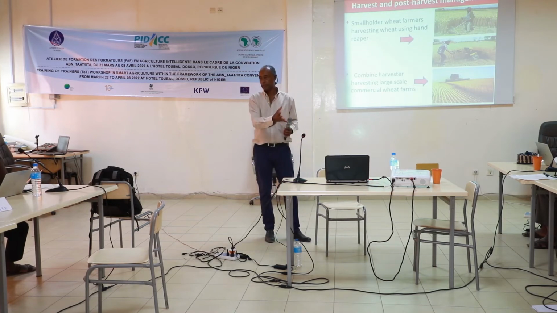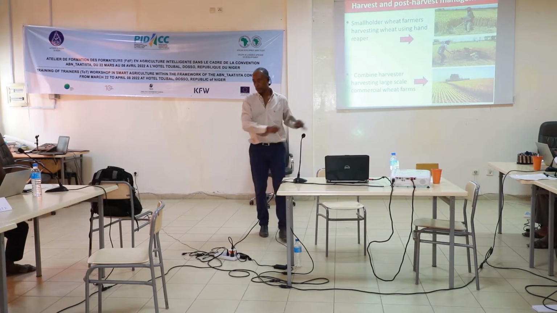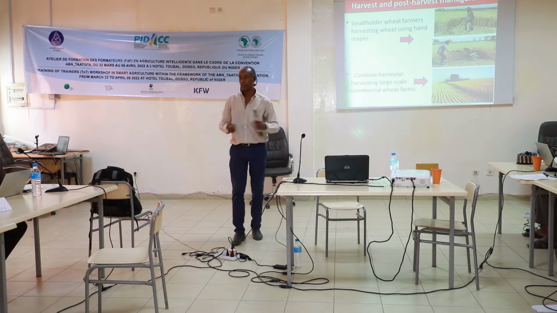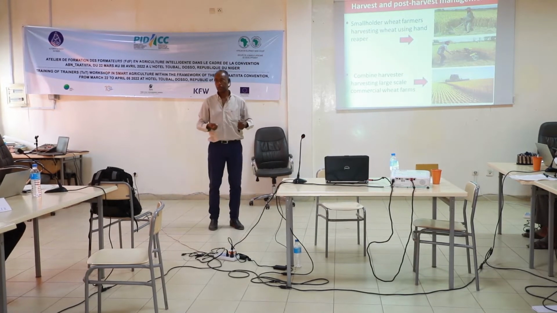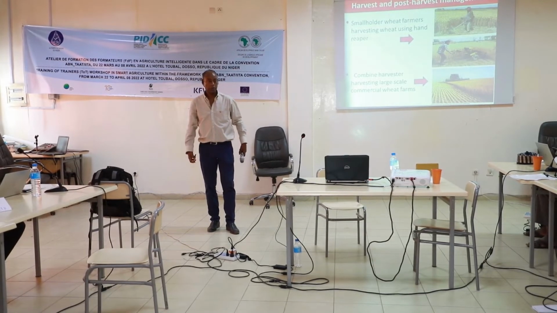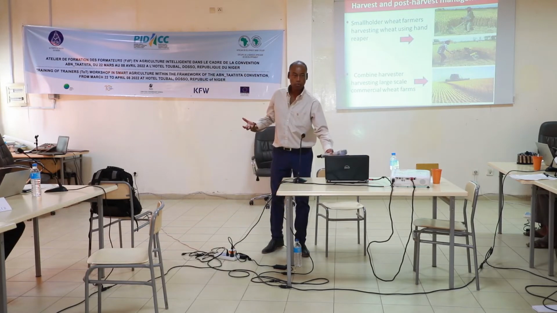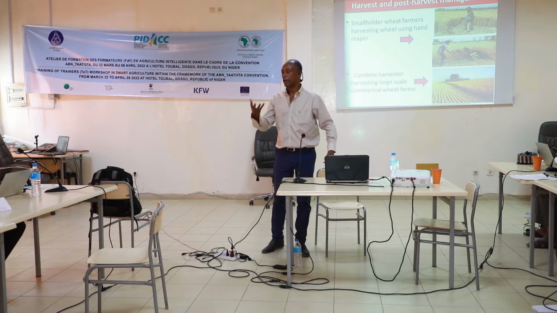There are different methods of harvesting. In Africa, it's very common now with the hand reaper. Small scale farmers use hand reapers. They use sickles. And nowadays, combine harvesters are also becoming very common.